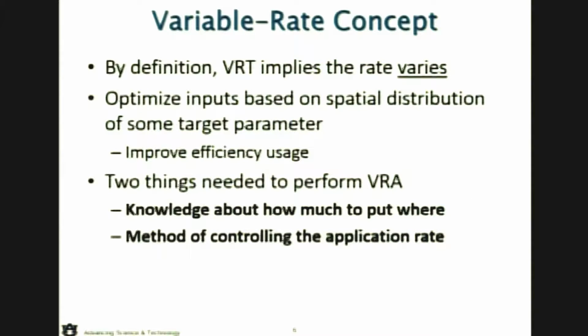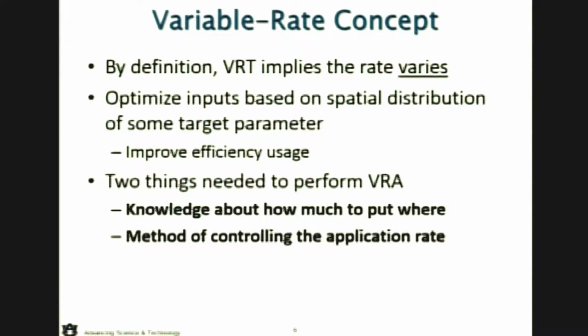The concept itself implies that you're going to vary some type of input. Typically, we think about that as a rate, or a population for planters. We really want to understand the spatial variability out there, and then ultimately there are two things, Mark, that we've got to drive down to, and these are not easy questions to answer: what's that knowledge? Where am I going to put what, and how much?